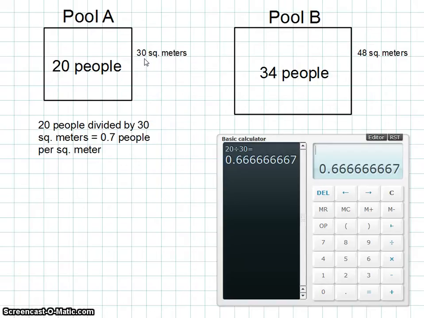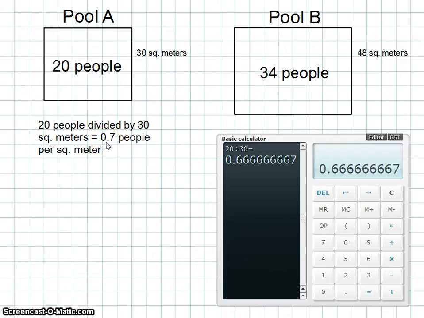I know this is a little bit hard to imagine because, simply, can we have 0.7 people? Well, the answer is no. But when we're talking about this, we're imagining that if the same amount of people were placed in every square meter, then there's going to be 0.7 people, because we can't place one person per every square meter.